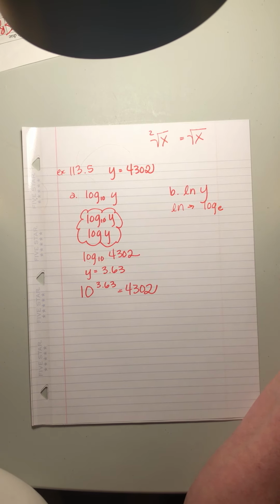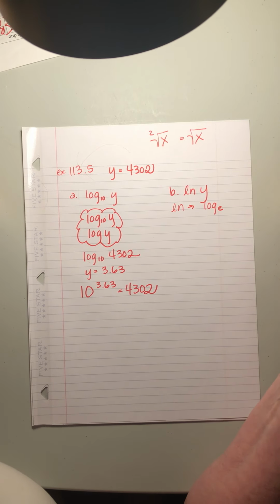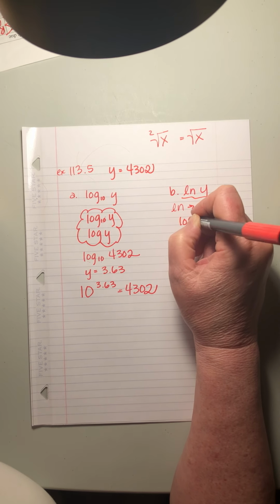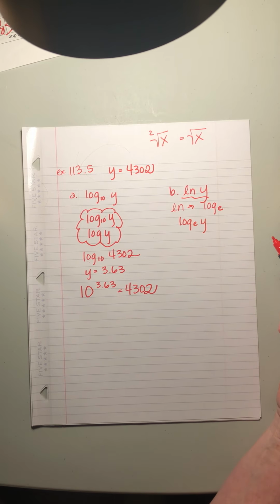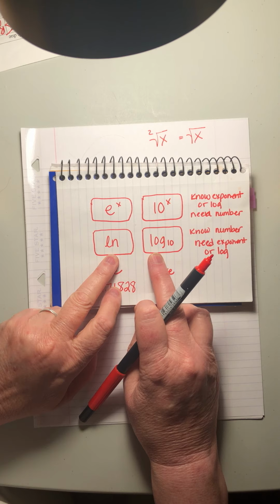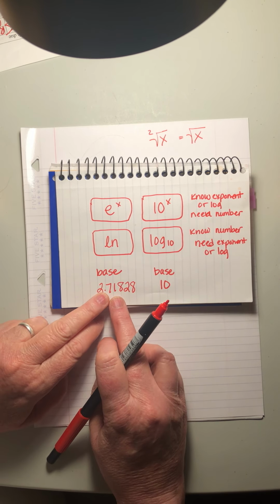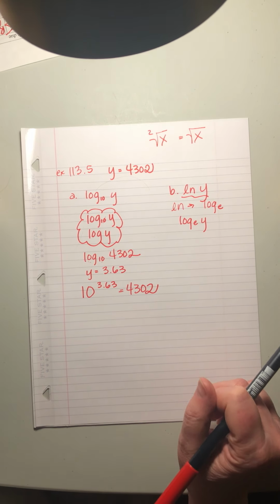Why do mathematicians feel it's necessary to mix things up and make it so crazy? I'm sorry, I don't know. But you can reimagine this as log e of y, if that helps you in the beginning, right? But that explains why these buttons look so different. Because this means log of e, which is equal to that. But we just write natural log. I'm sorry. I blame the scientists.